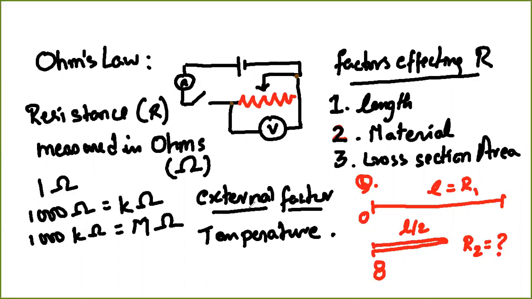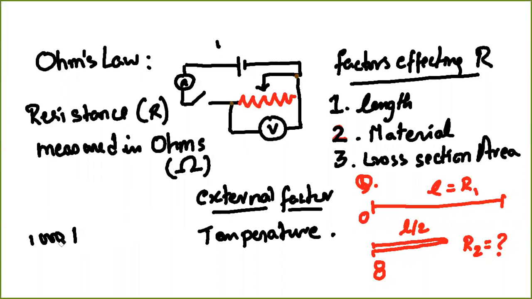Okay, and what would your guess be if you have a conductor of a certain dimension, and it had a certain resistance at that temperature. If the temperature increased, what would happen to its resistance?